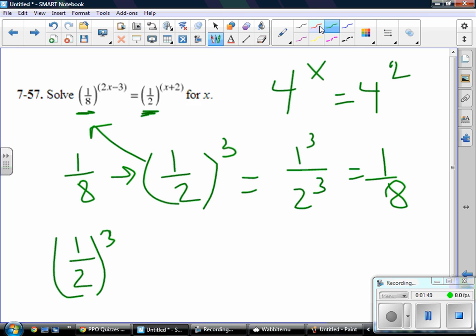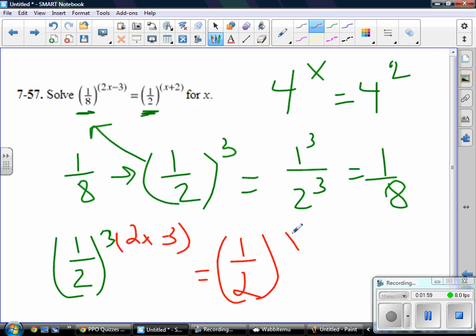Then I have that times my original exponent of 2x minus 3 equals, and I'm going to keep the other side exactly the same. So now I changed my bases to become the same thing. (1/2) to the third power gives me 1/8, so that's why I changed those.